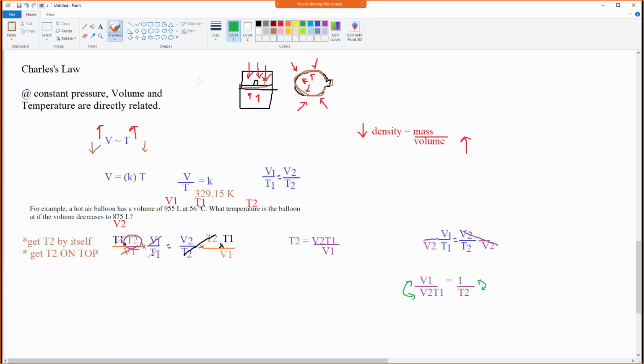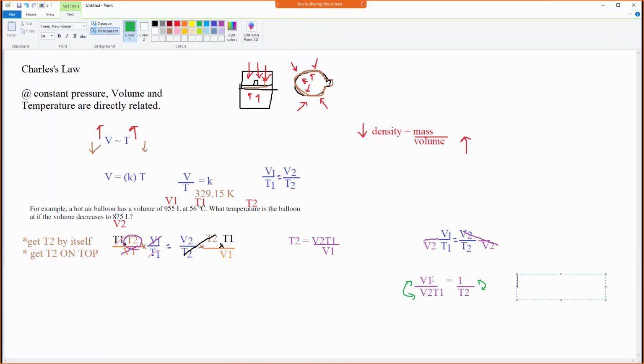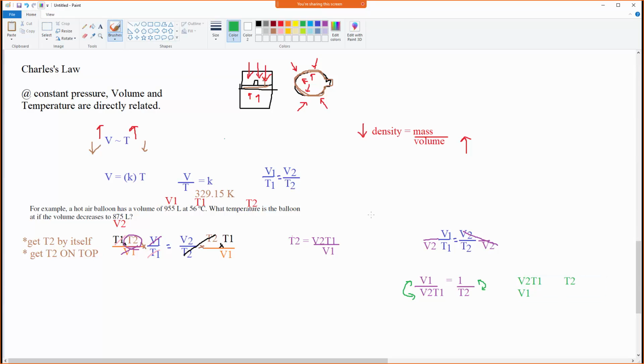If I flip both sides, then I get V2 T1 divided by V1, and I get T2 on the other side. That's the same answer, right? Feels a little bit simpler. Same thing. But you do have to remember that part where you flip it, okay?